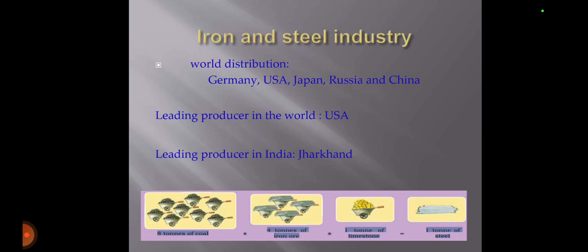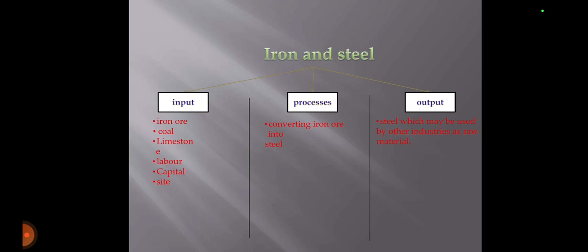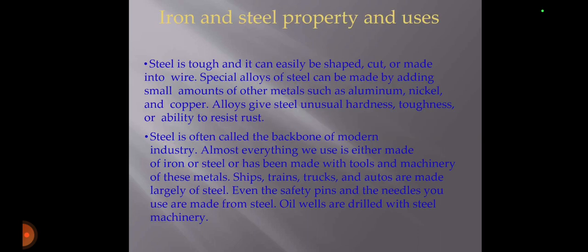Jharkhand is very important for the iron and steel industry. Iron and steel input, process and output. Input: iron ore, coal, limestone, labor, capital and site. Process: converting the raw material, iron ore, into steel. Output: steel, which may be used by other industries as raw material.